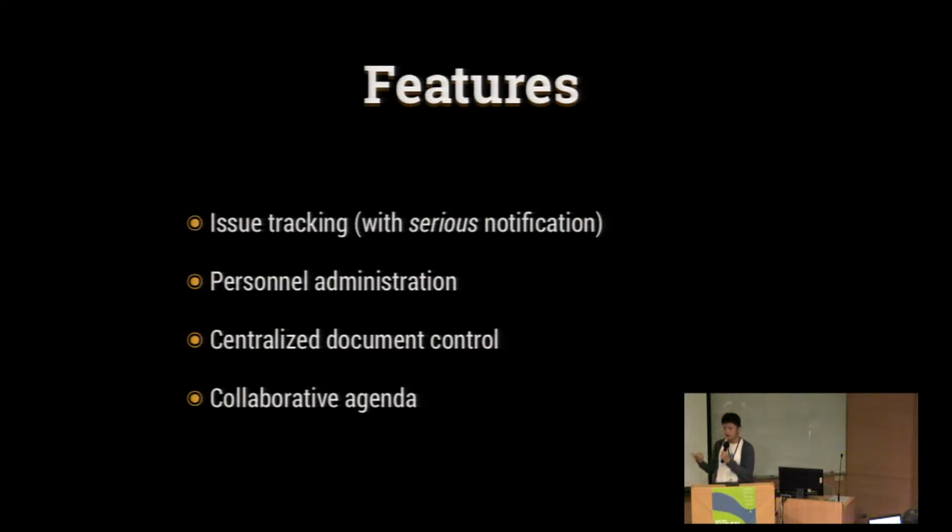Because if you put your documents in Google Docs, you just assign those documents to that year's primary organizer, and the documents will be lost after, for example, 2 or 3 years of conferences, because you probably won't know who the organizer is. So we'll need a central place for document control.